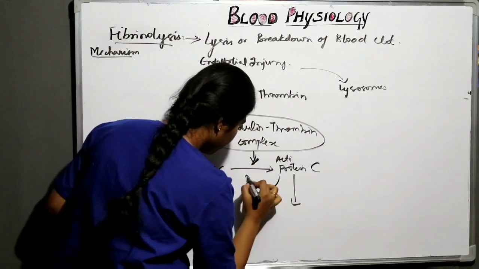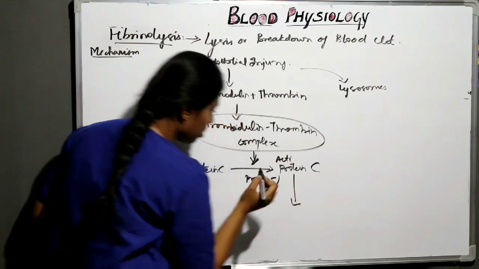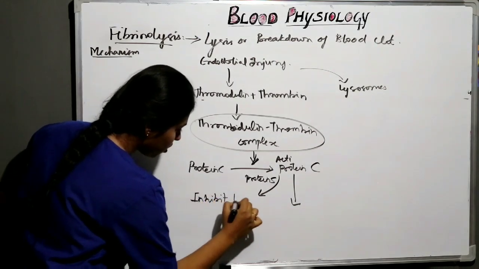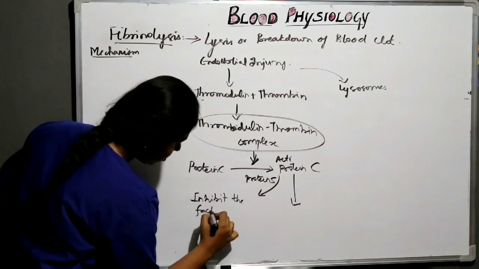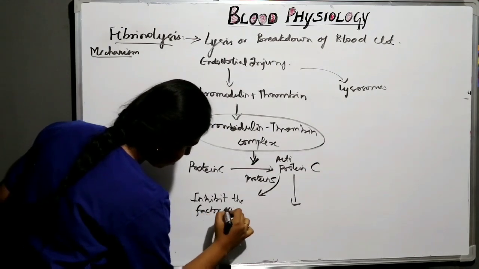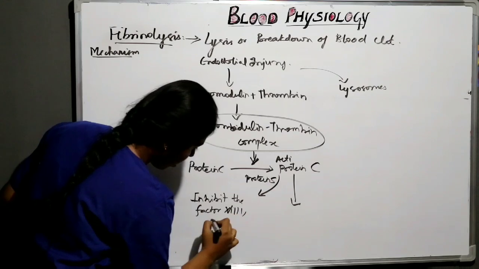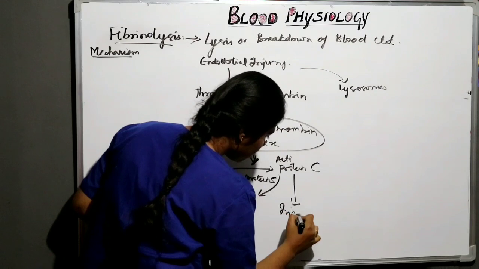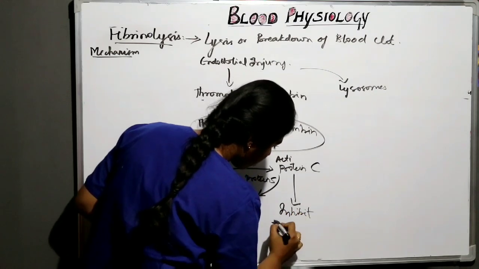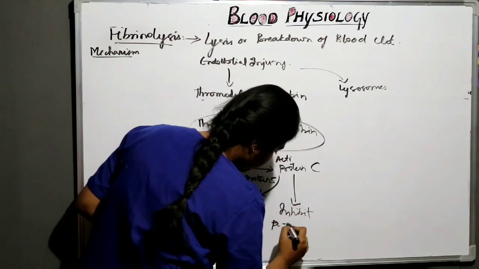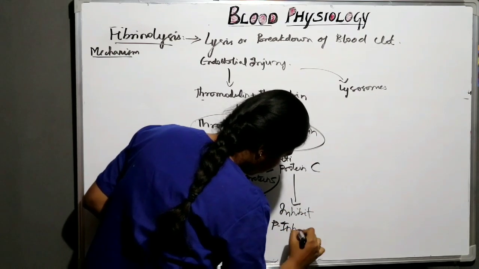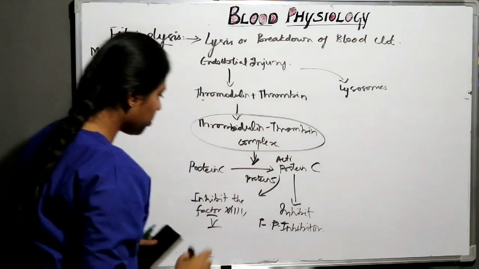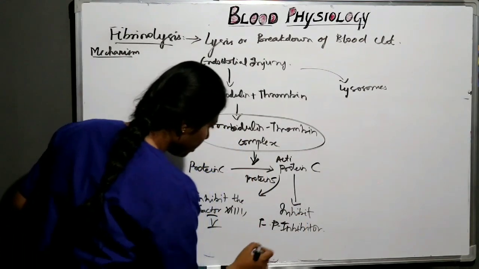Then this, in the presence of protein S, it will inhibit the factor 8 and 5. Then it will inhibit plasma thromboplastin inhibitor.